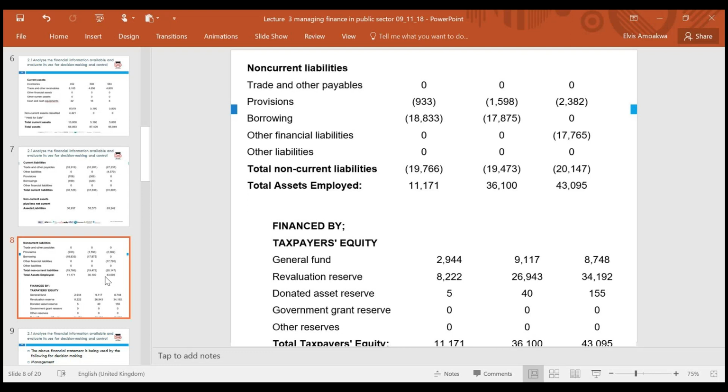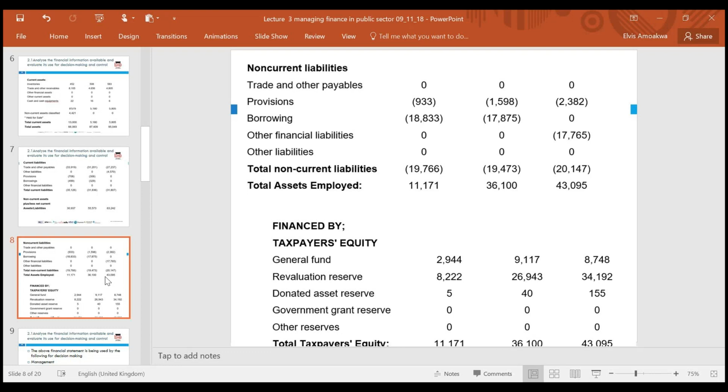They are non-current liabilities. So in every financial year, we have current liabilities, things that have been borrowed for this year, which will be taken care of in that very financial year, and those that will be taken care of by the following financial year, which is not current. Is that clear? Okay. Yeah, okay, thank you.